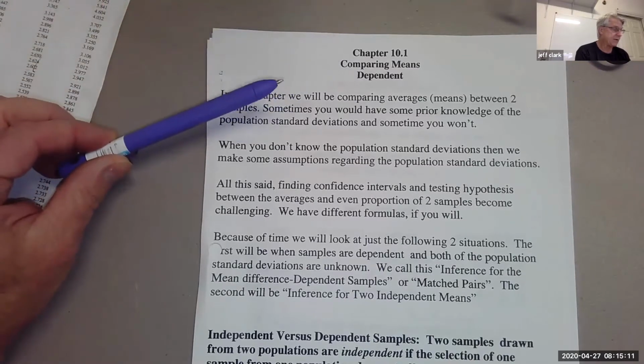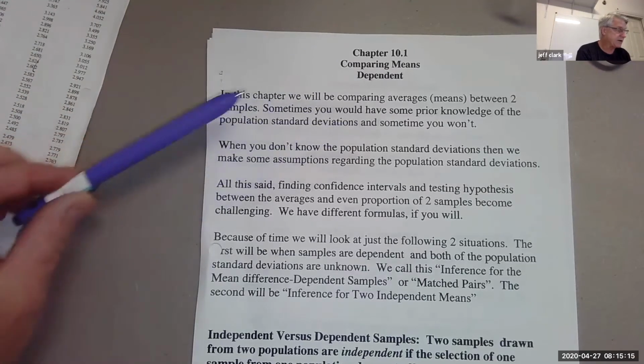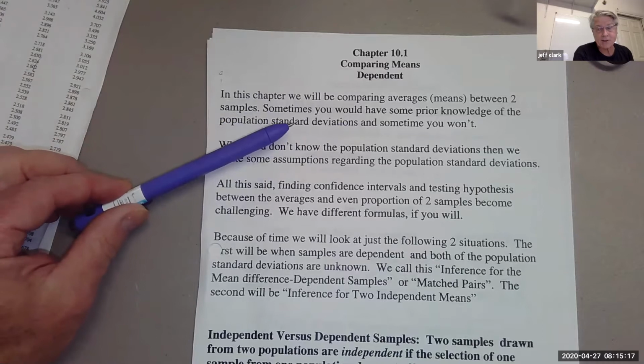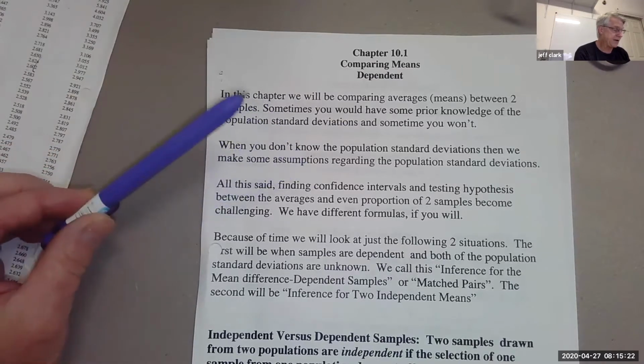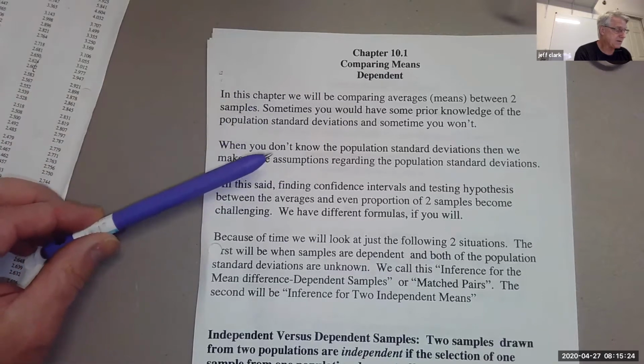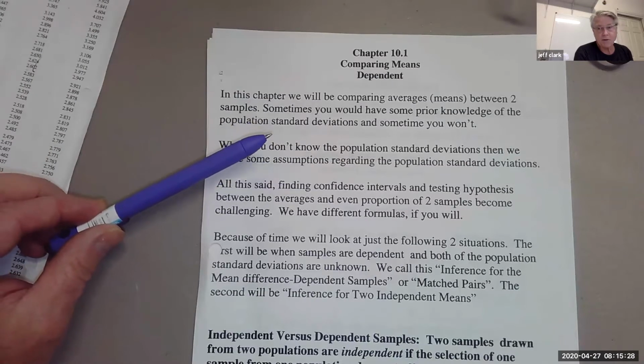So in this chapter, we're comparing averages between two samples. Sometimes you have prior knowledge of the population standard deviations, and sometimes you don't. When you don't know the population standard deviations, we make some assumptions regarding those, and we would use a t-test if we're able to do that. And again, it's all based on being approximately normal.